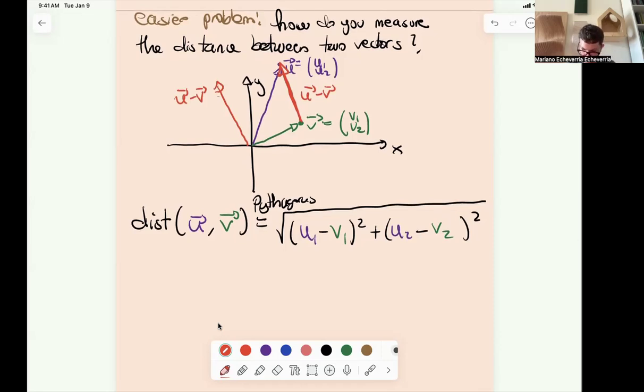And so this formula literally matches the length, the magnitude, of the vector u minus v. Is that making sense?